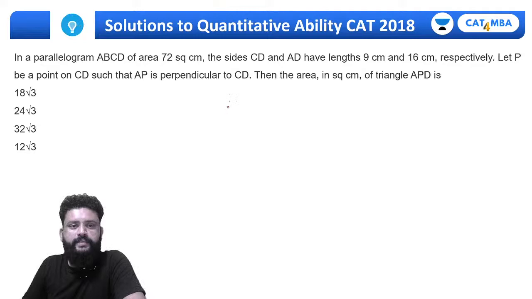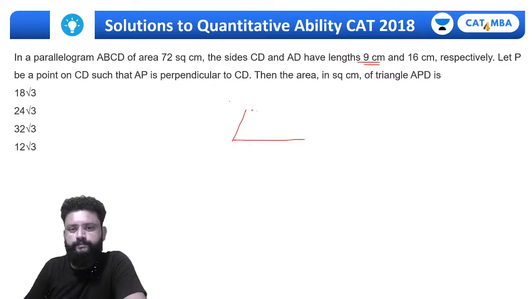A parallelogram ABCD such that CD and AD have lengths: CD is 9, and AD should come out longer. So if this is a parallelogram, I'll start from here so that AD comes out longer, right? AD is 16.